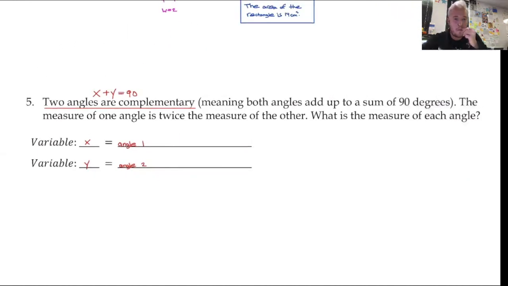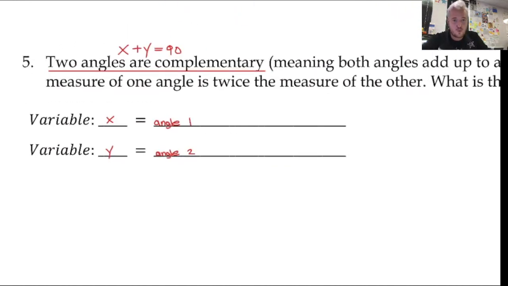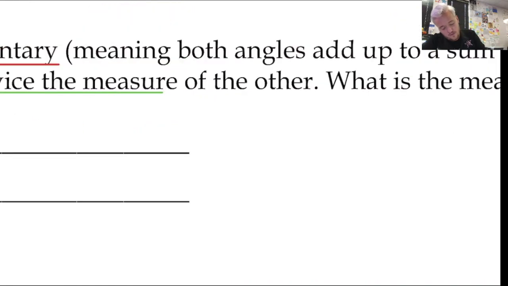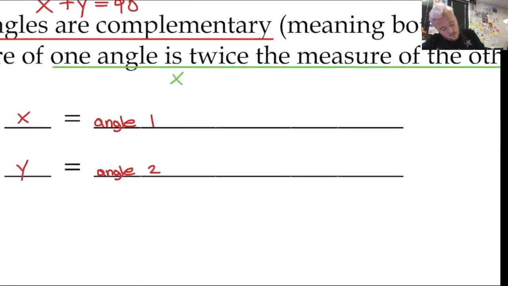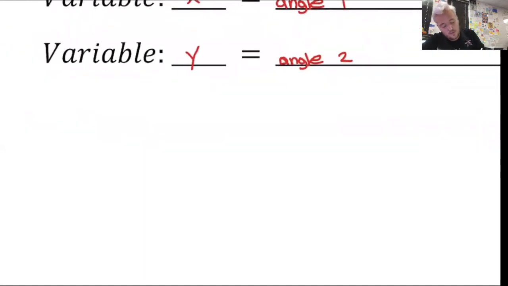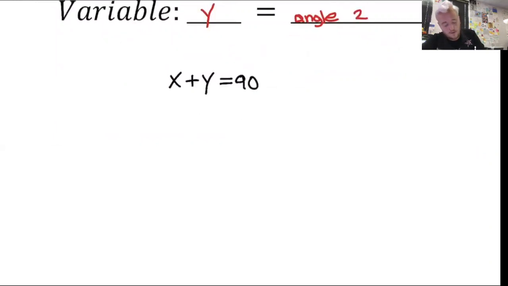All right. Now the measure of one angle is twice the measure of the other. So what this implies, twice the measure of the other. So this means it's going to be x equals 2y. Doesn't matter which one's larger. So my system here, so x plus y equals 90, and I'm going to have x equals 2y.